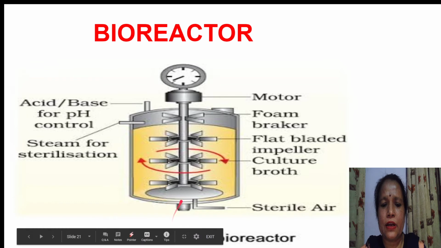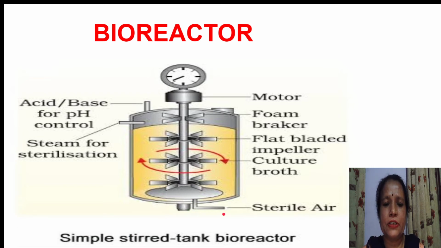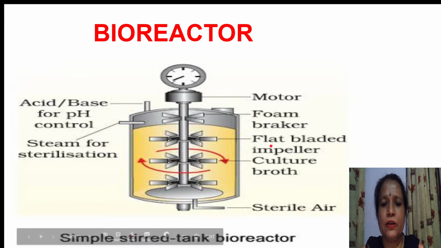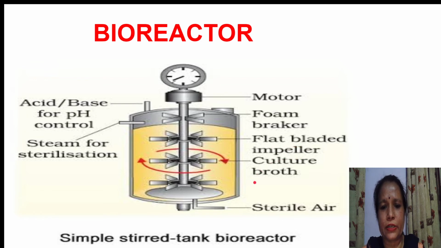Then there is an effluent pipe, the harvest line, by which we can obtain the products, the desired gene or the desired products in the form of proteins, which are obtained from this harvester line. So this is the complete structure of a simple stirred tank bioreactor.